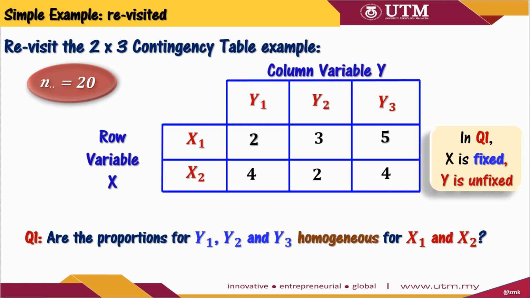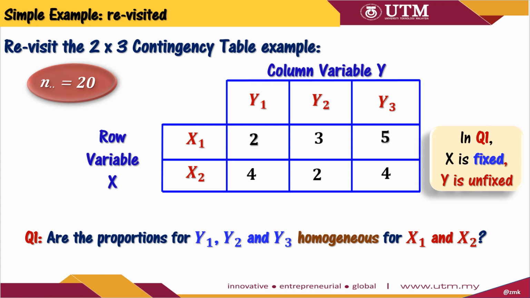On the other hand, we may want to fix the column variable Y, where we choose 6 from Y1, 5 from Y2, and 9 from Y3. So the 6 from Y1 can only be in either of the 2 cells, either in cell X1Y1 or cell X2Y1.